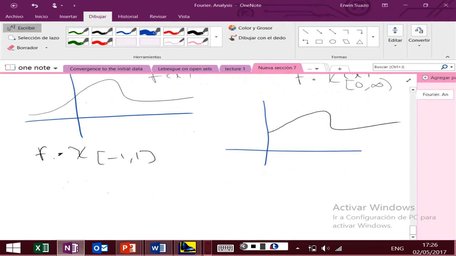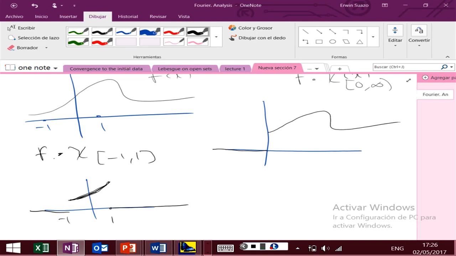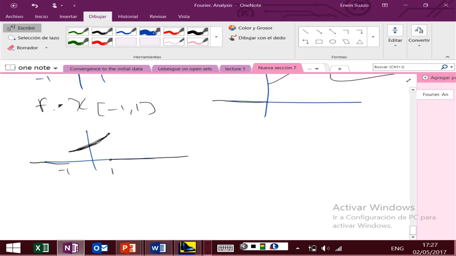So that would mean I got this function and I just consider it between -1 and 1, and everything else is going to be 0. Okay, so that's what that notation means. So let's do the proof.